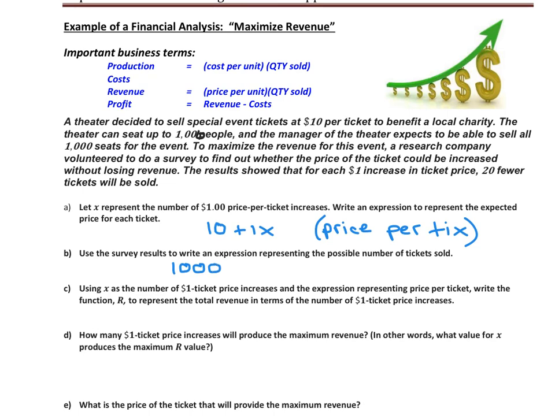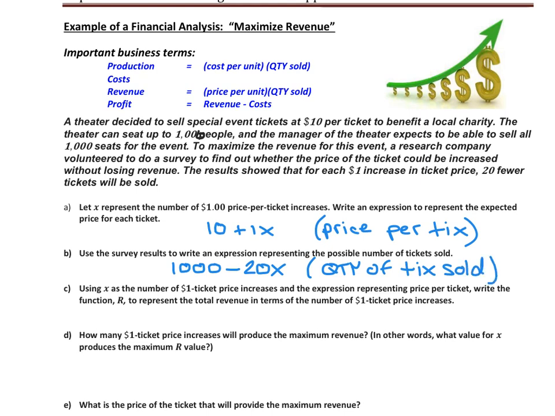However, for every $1 increase, we're going to drop that ticket sales by 20 seats. So we're going to say 20 times X here. If X is 0, again, we'll fill the theater at 1,000. If X is 1, we're going to drop our ticket sales by 20, etc. So this is the quantity of tickets sold in our model.